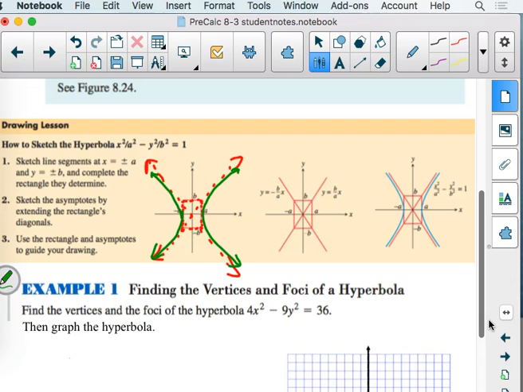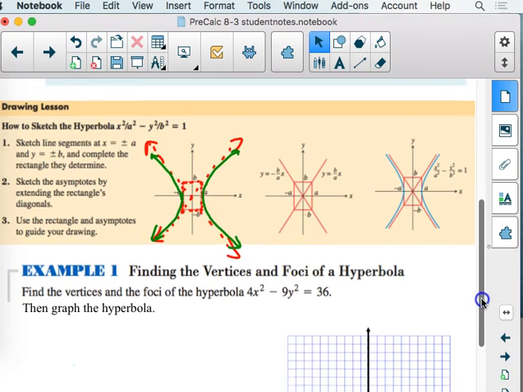I always thought this was a really cool process. And again, this is only for perfect situations where we have a lot of perfect squares involved, but it's a really cool way to get a really nice hyperbola drawn. So box, asymptotes, put in the hyperbola. That's what we need to do.